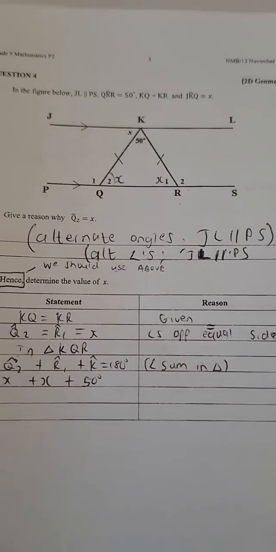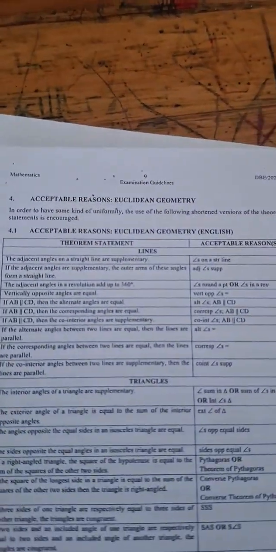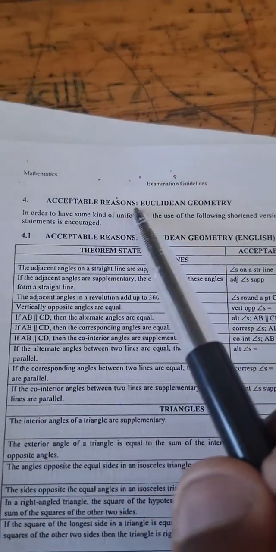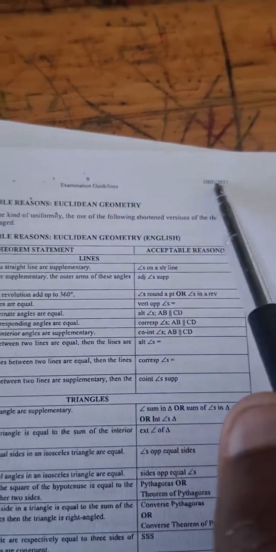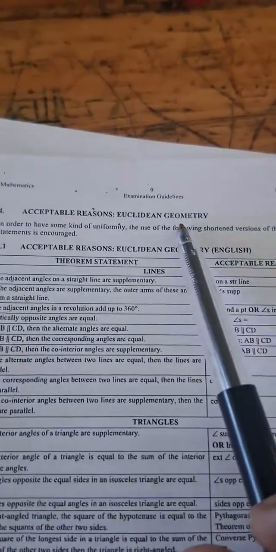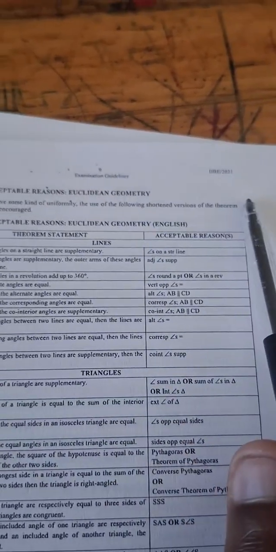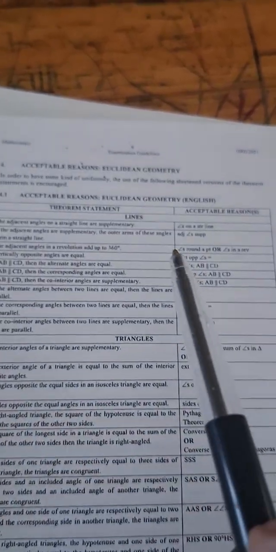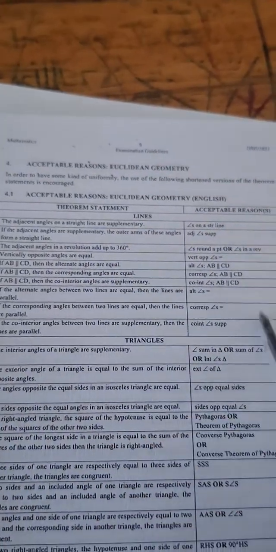50 degrees. Okay, Billy V, what is the paper that you want to see? You want to see this document. Guys, I'm saying it again. This document is the acceptable reasons for Euclidean geometry document. Go and search it on Google. You will find it. It's there. You can download it and you can utilize it. For lines, it has the reasons.